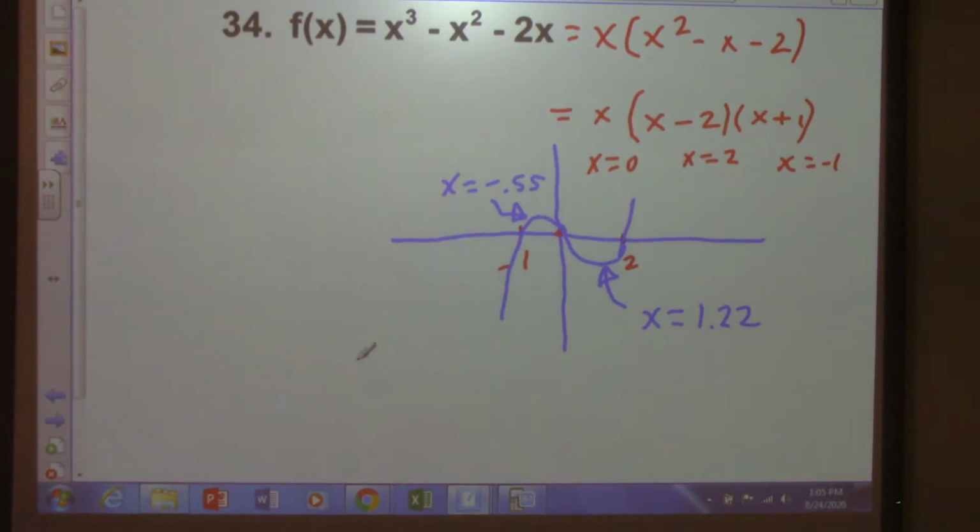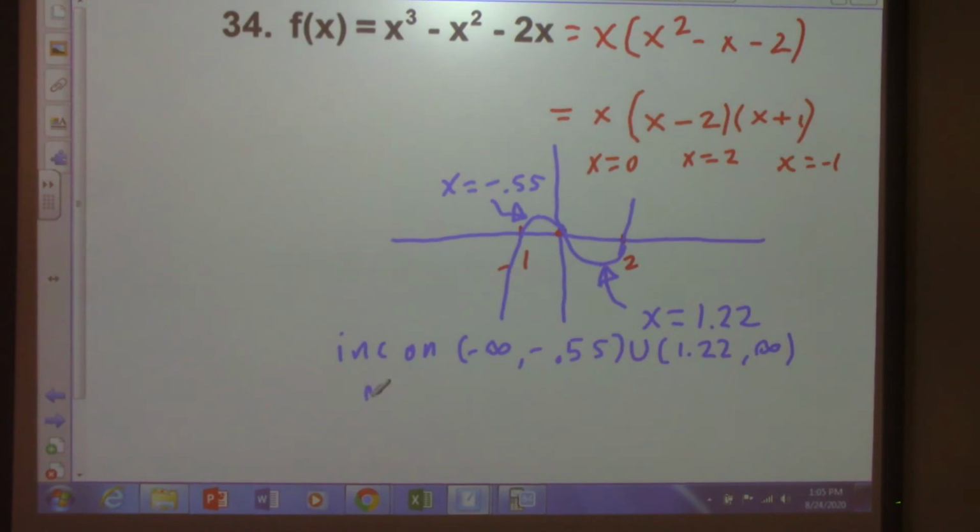Anywhere, we are increasing on what interval? -30 to -0.55. To -0.55. And then we're also increasing here, union 1.22 to infinity, okay?